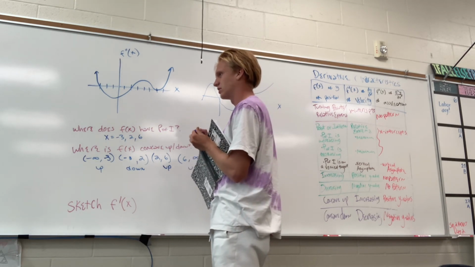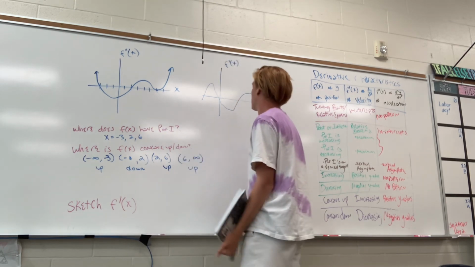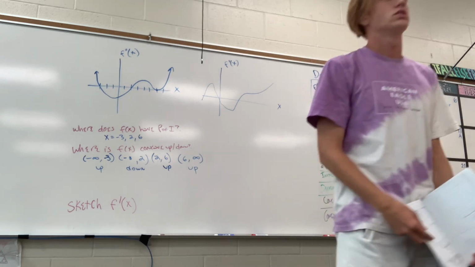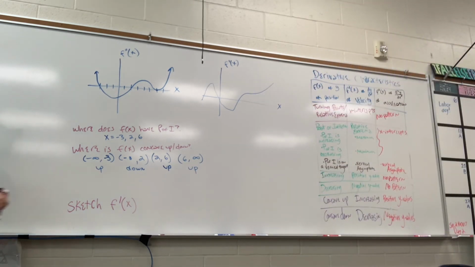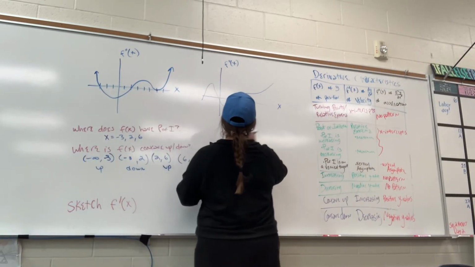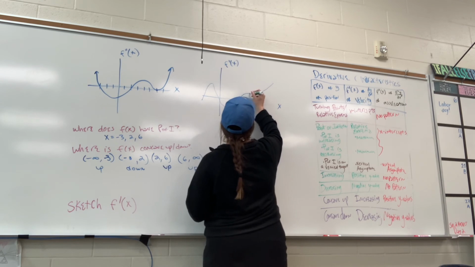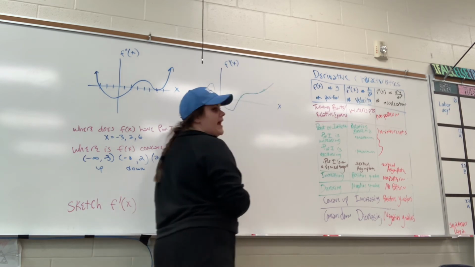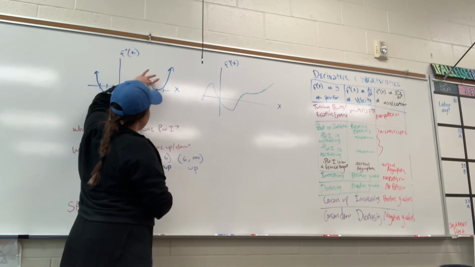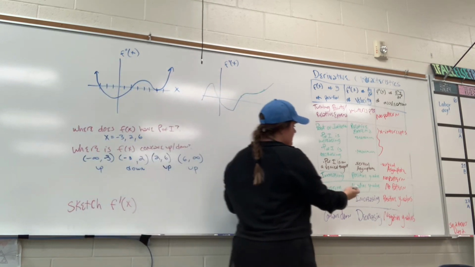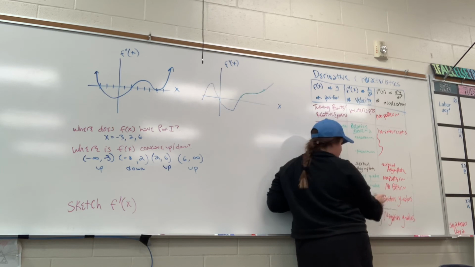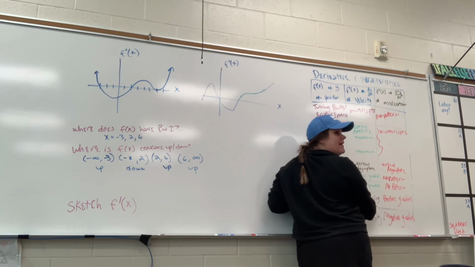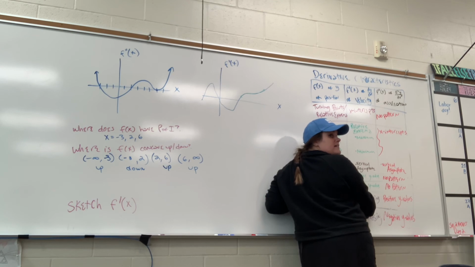It's a horizontal tangent. It has to go flat without changing if it's increasing or decreasing. Because positive, 0, positive means this has to be increasing, 0, increasing, right? Does that make sense?